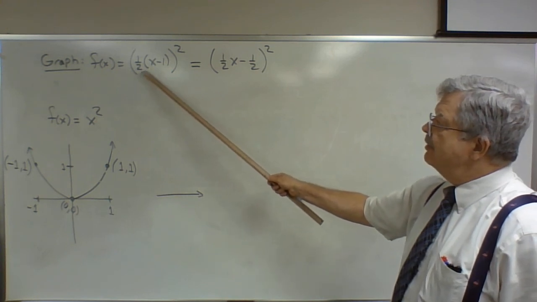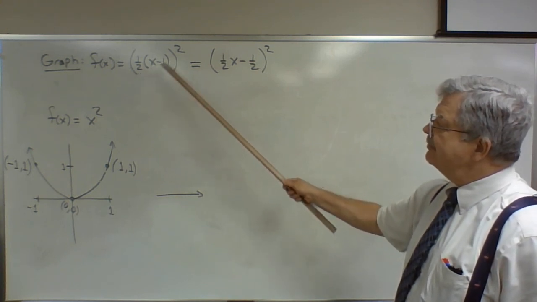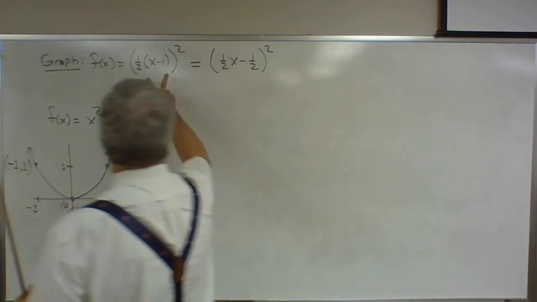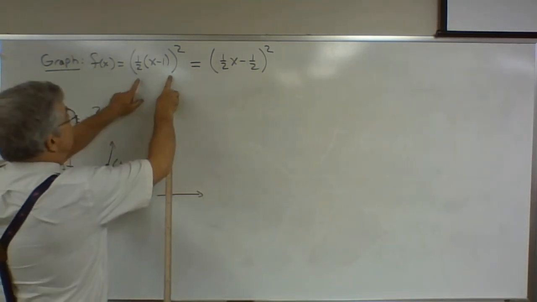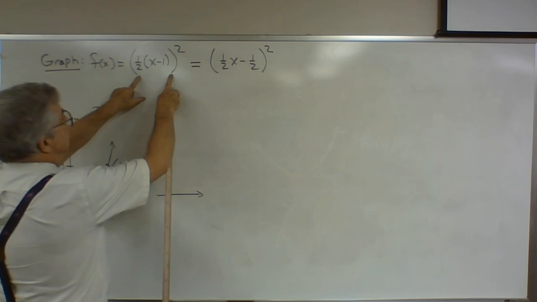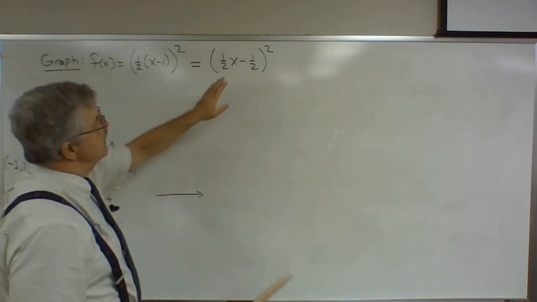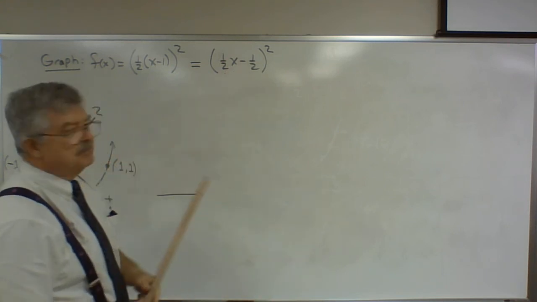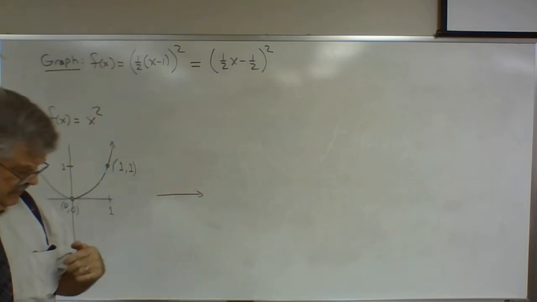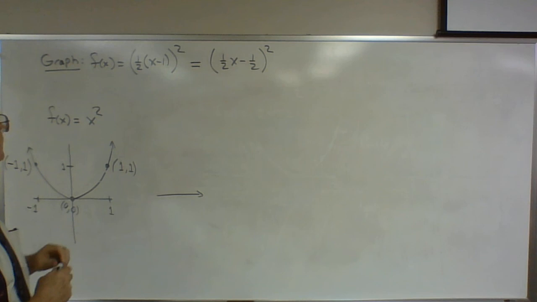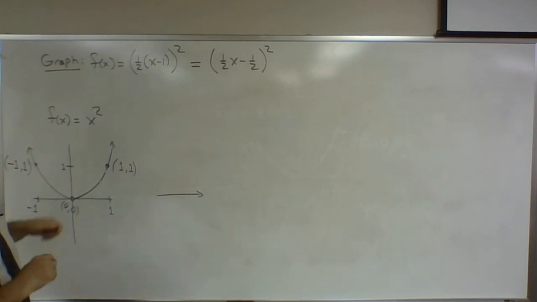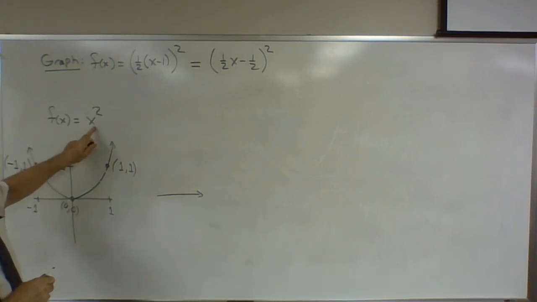I distribute the 1/2 first. I do what's inside this outer set of parentheses first. I get 1/2 x minus 1/2. And then I'm squaring this mess. So first I graphed f of x equals x squared.